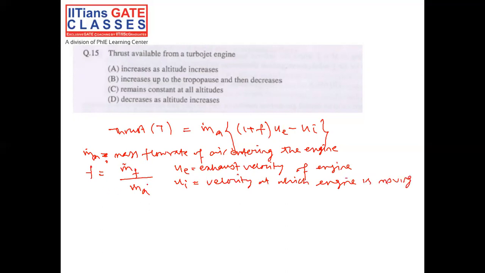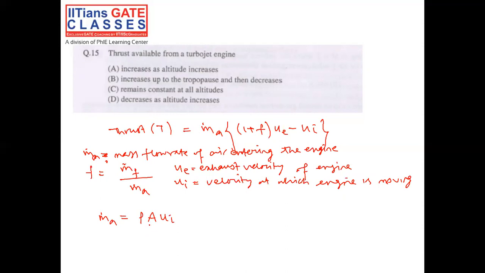Now in this equation only ma dot is the quantity which depends on density. So this ma dot can be defined as rho A ui. Right.